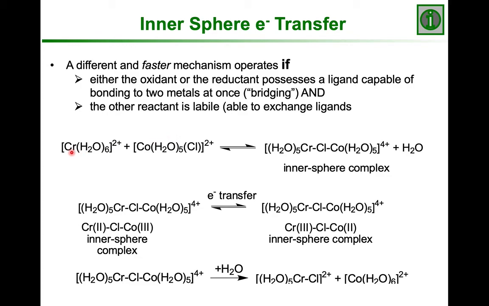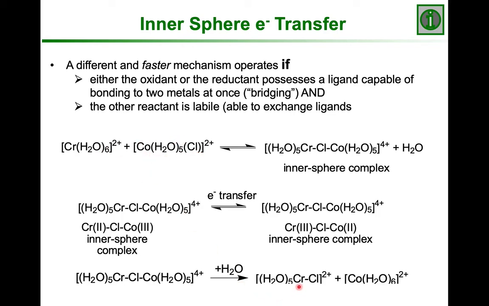So what's happened overall? We've had chromium 2 become chromium 3, and we've had cobalt 3 become cobalt 2. A really neat thing with this particular reaction, you should notice, is the chromium makes off with the chloride. The chloride was attached to cobalt.